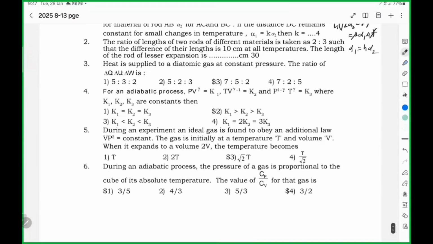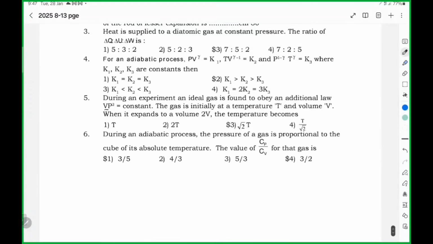During an experiment on an ideal gas, it is given that P T square is constant. The gas is initially at temperature T and volume V, and it expands to a new temperature. So we want the relation between temperature and volume.